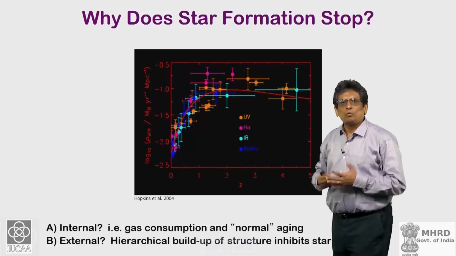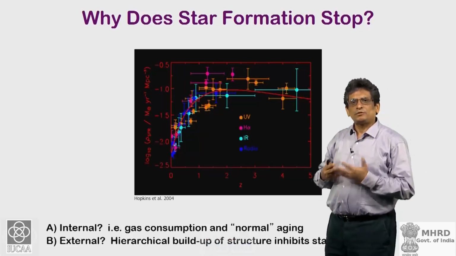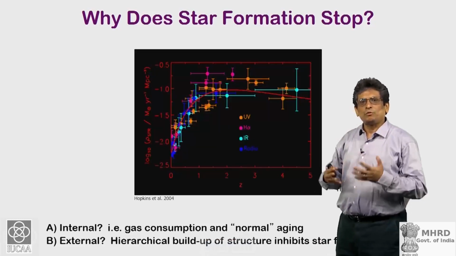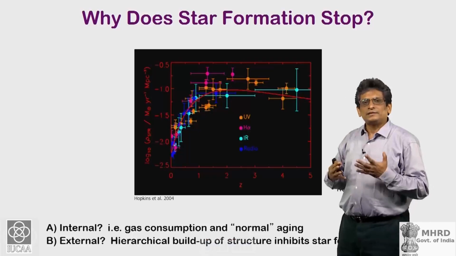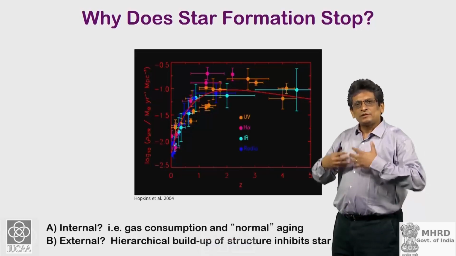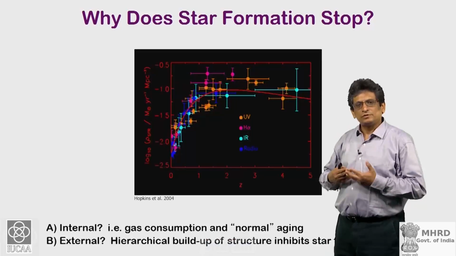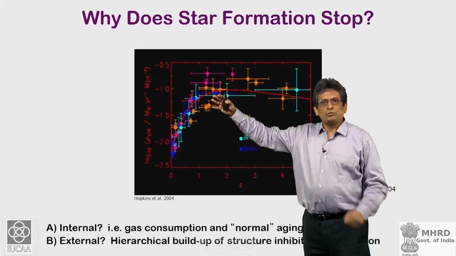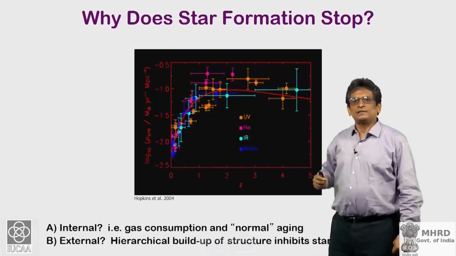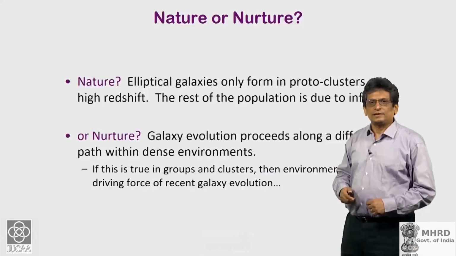And the question is, why does star formation stop in galaxies? Is it a process that has to do with the various things that are inside the galaxy? Is it something that is related to the normal aging of the galaxy as the gas that goes into the stars is consumed? Or is it a process in which the environment of the galaxy influences what is happening inside the galaxy?